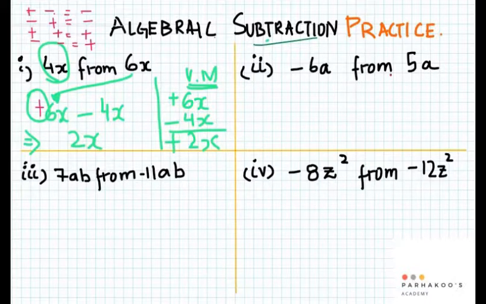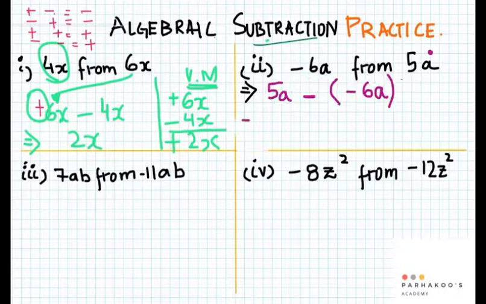Okay, now let's do this one. Subtract minus 6a from 5a. So notice we have similar terms, so same terms can be subtracted from one another, right? So we need to subtract this from 5a. Say yes. So 5a minus, and since this term has its own minus, we'll put that into brackets.